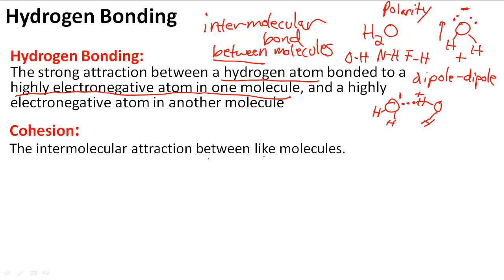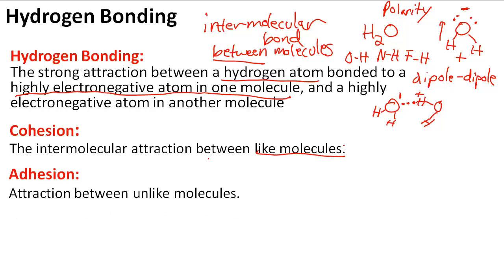So if they have molecules that are alike, they attract each other and will pull each other up. Water is a good example of that, because if you put 2 drops of water together, they combine very quickly because they are attracted to each other. There's intermolecular attraction between like molecules.